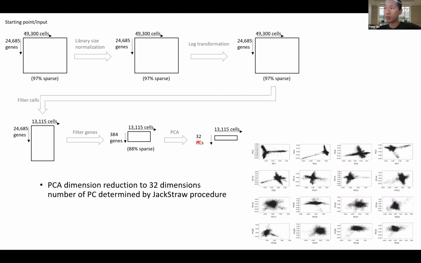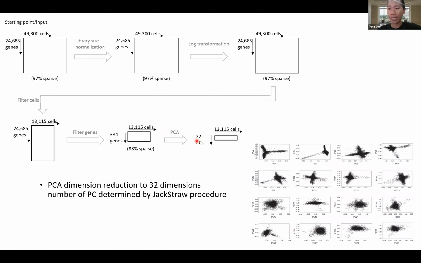Okay, so the reason why they chose 32 as the number of PCs they want to keep is actually the Jackstraw procedure that we discussed yesterday. It was among the procedures we discussed yesterday, Jackstraw was the only one that examined feature loadings to decide which principal components are informative and should be kept.